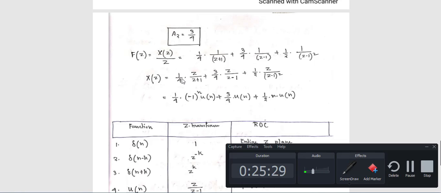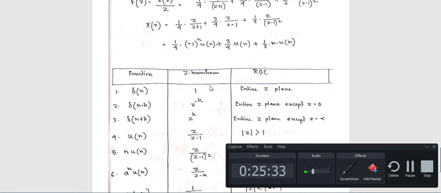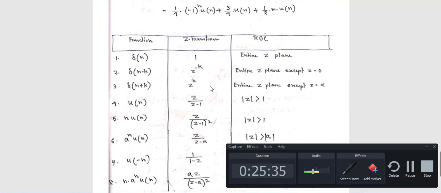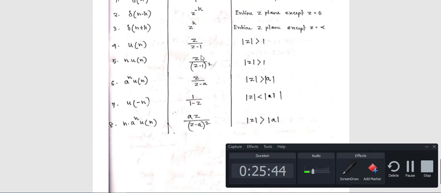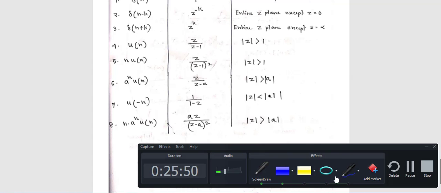Now here 1 by 4 is constant. So z by (z plus 1), this function is similar to what? z by (z minus 1). But if z by (z minus 1) means u(n), in the previous problem I have shown you z by (z minus 1) means 1 to the power n.